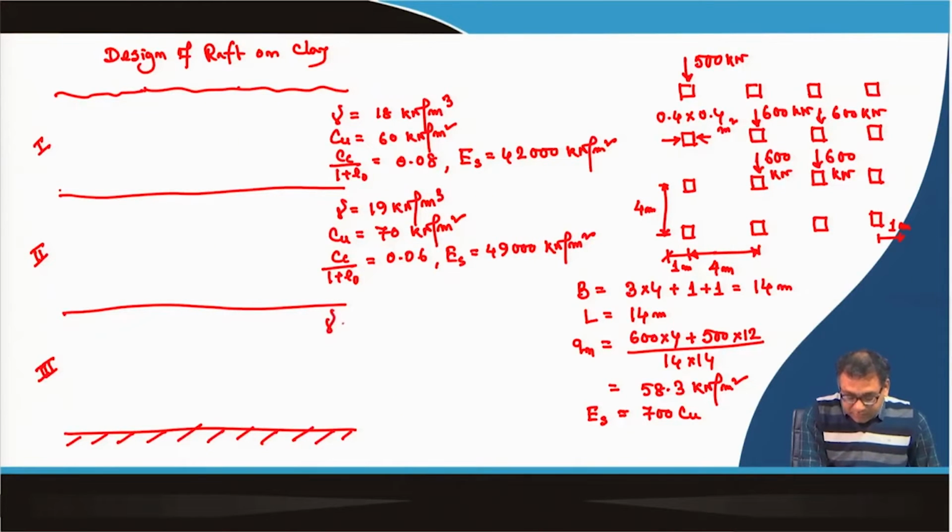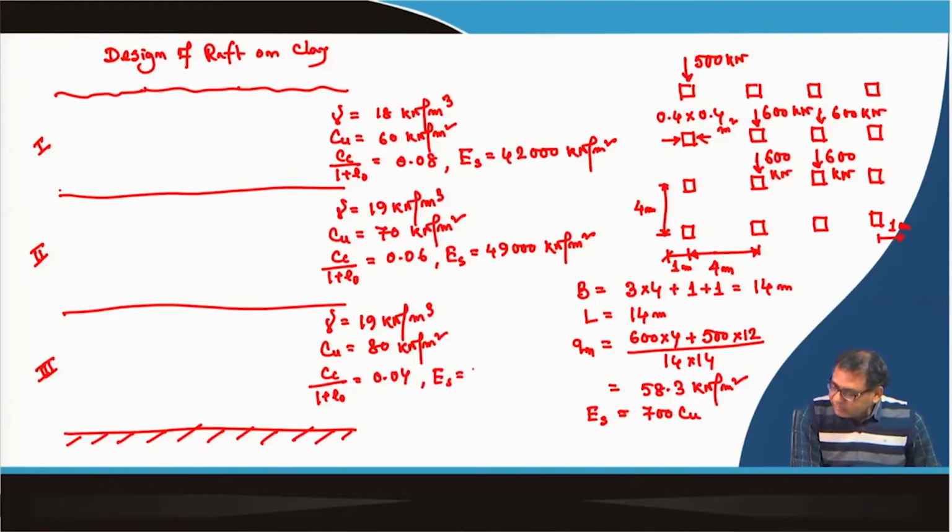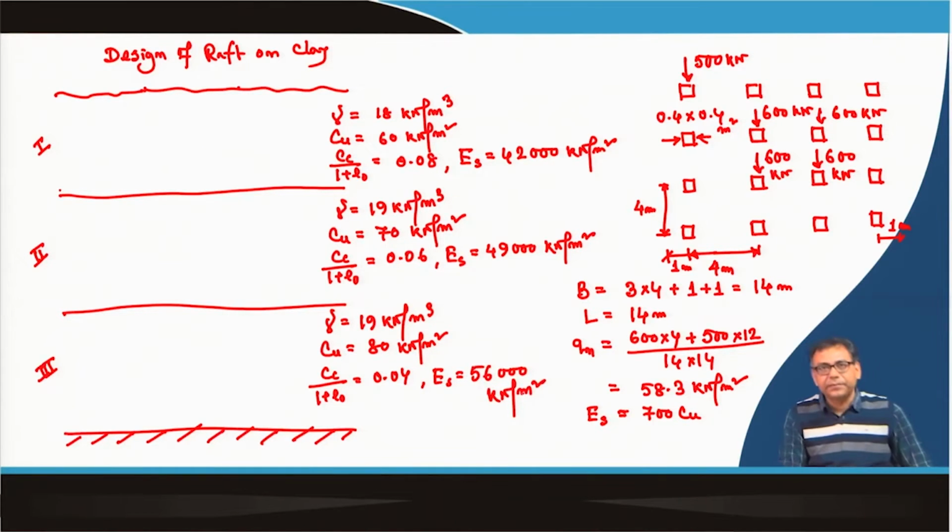For the third layer, unit weight is again 19 kilonewton per meter cube, undrained cohesion is 80 kilonewton per meter square, Cc over 1 plus e0 is 0.04 and Es is 56,000 kilonewton per meter square.